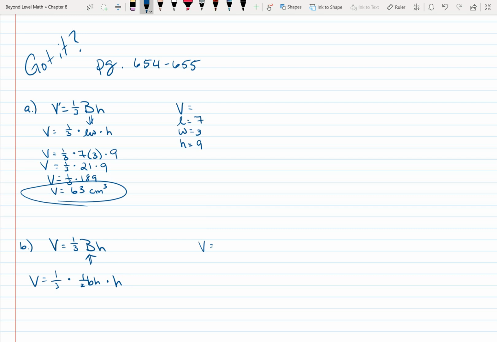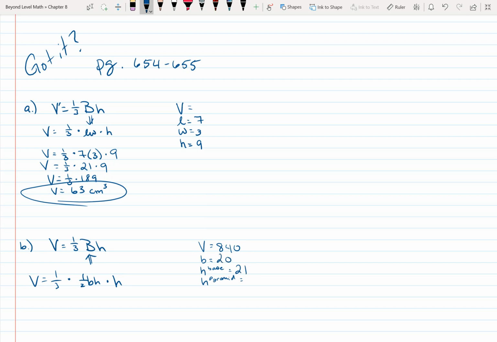V equals 840, base, height of base, height of pyramid. So height of base is 21. The base is 20 inches, base length.